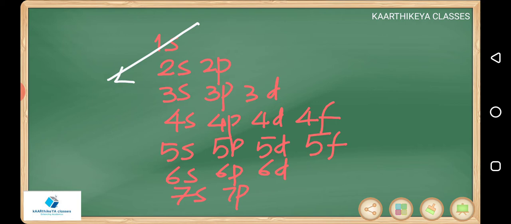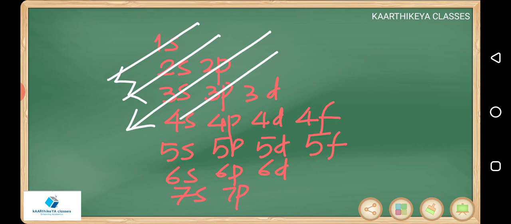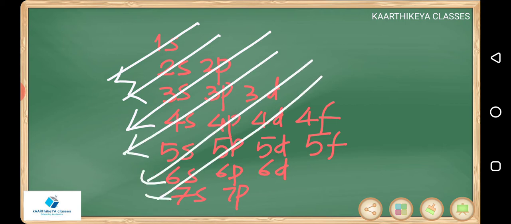The first lowest energy is 1s, then 2s, then 2p, 3s, then 3p, 4s. If you put some lines like this, this is the energy order. Okay, now start from here. This is the lowest one, 1s, then 2s, then 2p, 3s, then 3p, 4s, like this. So this diagram is called the diagram.